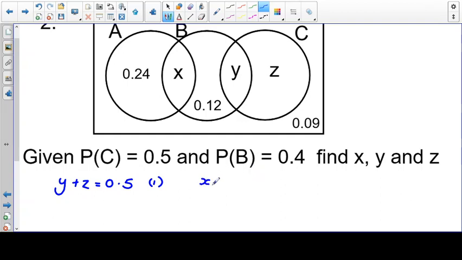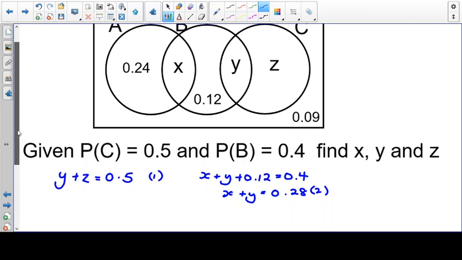So we can say that x plus y plus 0.12 equals 0.4, which means that x plus y must be 0.28. That's equation 2. Okay, now that's exhausted the information that you've been given.